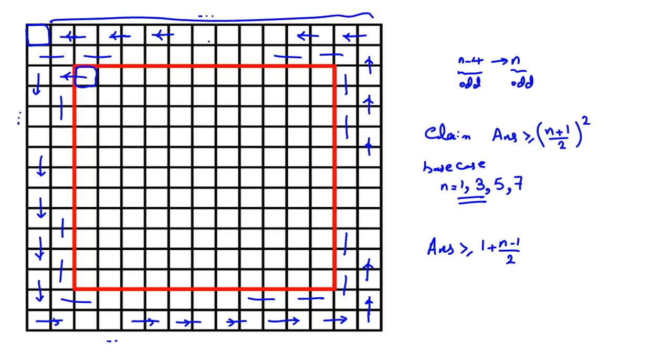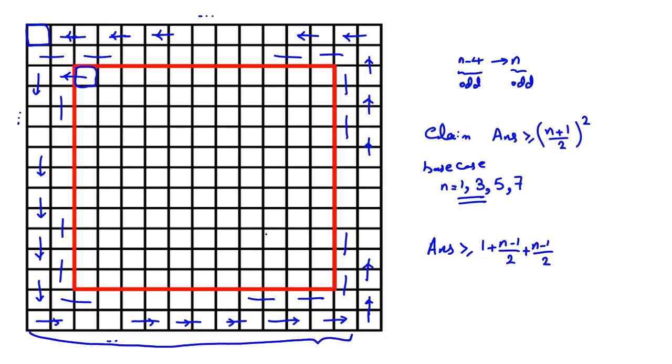So we have (n minus 1) over 2 dominoes. We can move them. Again, this part will also be n minus 2. For this part also it will be n minus 2. And then for this part, as you can see, it is (n minus 3) over 2 because n minus 3 cells.